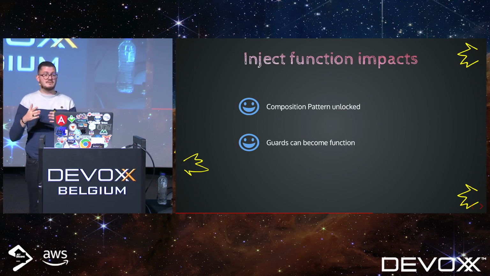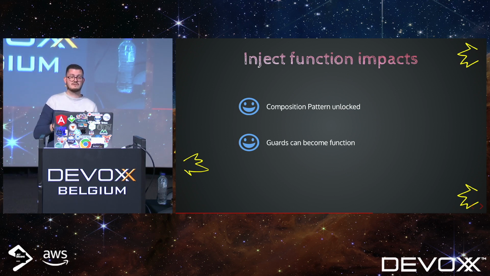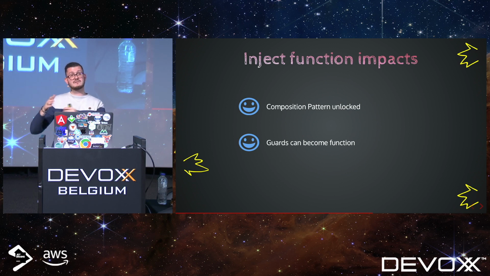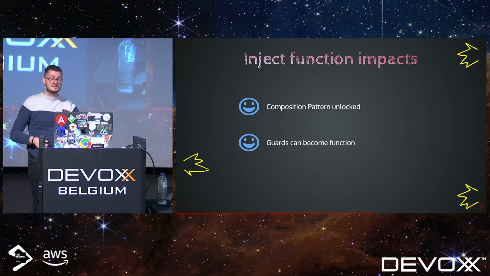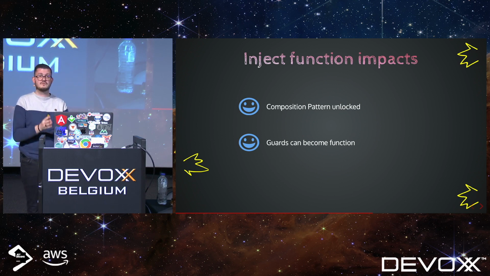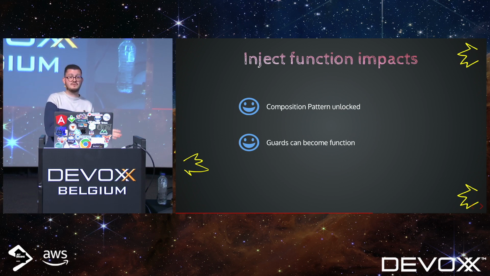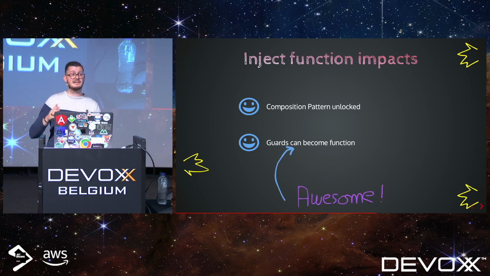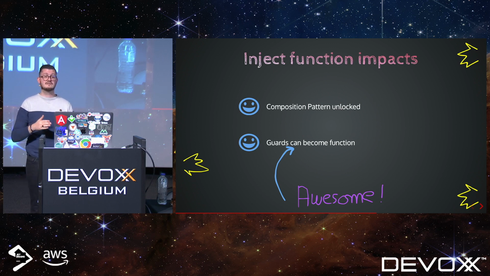Why? Before this version, we created guards with a class because we needed injection in our guards. But now, thanks to the inject function that works outside an injection context, you can just create a function and register this function as you did before with a class. So this is very awesome because it now lets us create guards with less boilerplate.